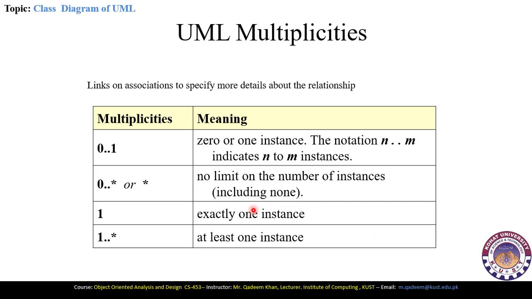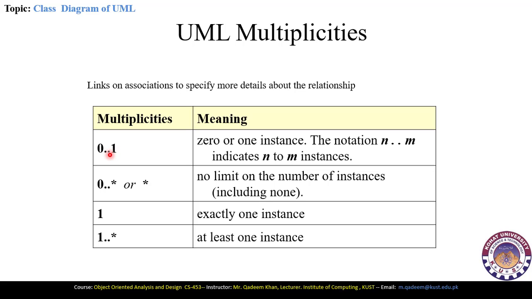Now there is the multiplicity relationship in class diagrams. If there is more than one class, there must be a multiplicity relationship among the classes. The first one is called 0 to 1, meaning 0 or 1 instances.